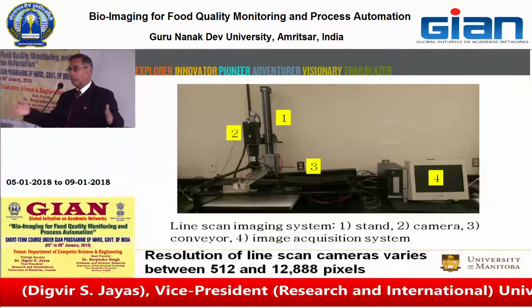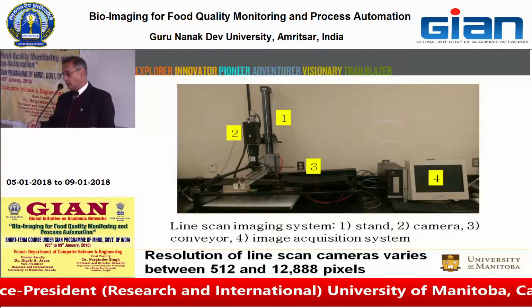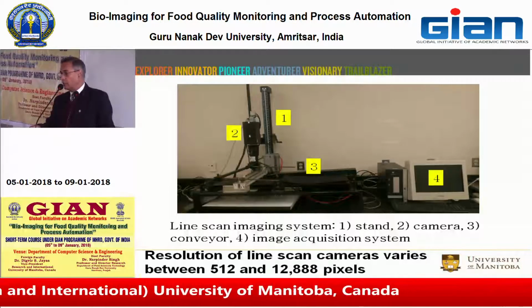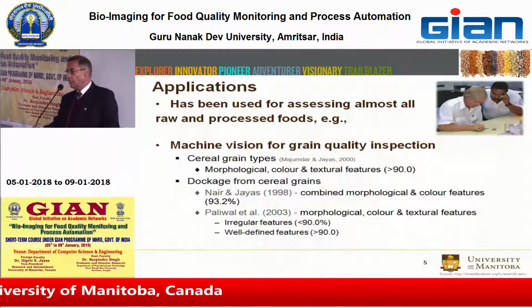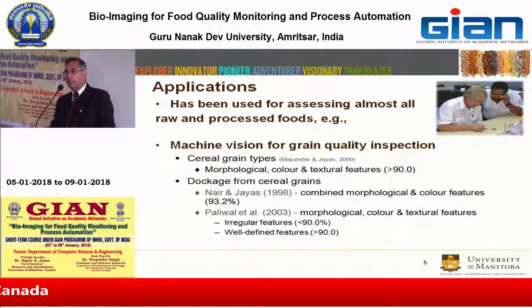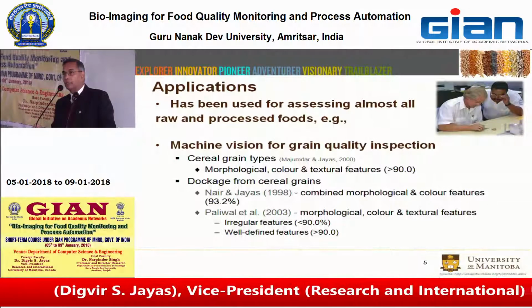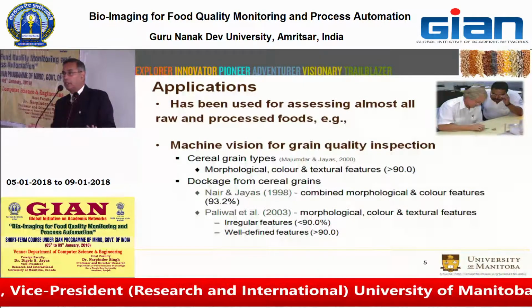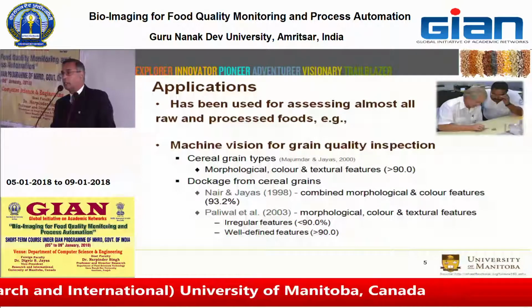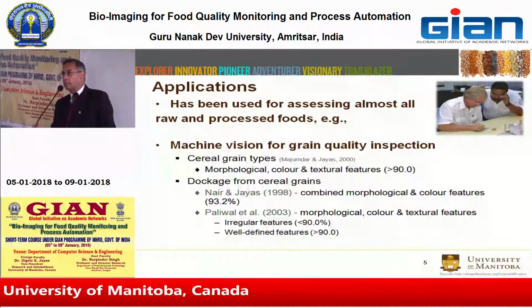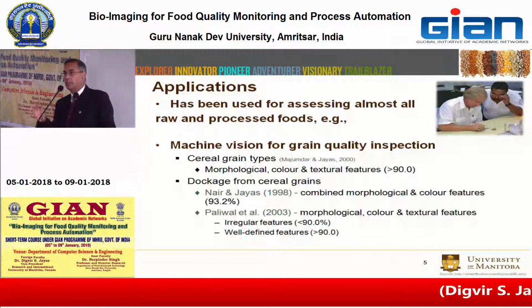The more lines you collect, the more you get your two-dimensional image. In the line scan camera, the unique thing to keep in mind is the sensing elements which take the image could range from 500 to almost over 13,000 sensing elements, which means you can cover a wider or narrower belt and still get the same resolution or same quality image.